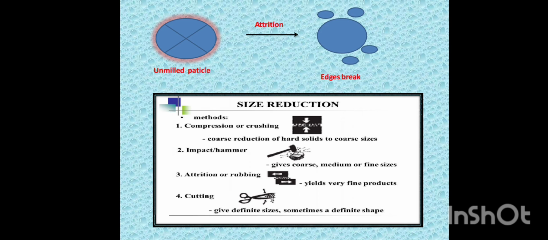It is useful for harder or tough substances. Next is attrition, which is continuous rubbing of particles against each other, and due to this shear force is generated, and this force is responsible for the breaking of the edges of the particle and size reduction takes place. It is used in a ball mill, and again it is useful for tough substances. It is also useful for ophthalmic preparations of drugs. These are all four mechanisms of size reduction.